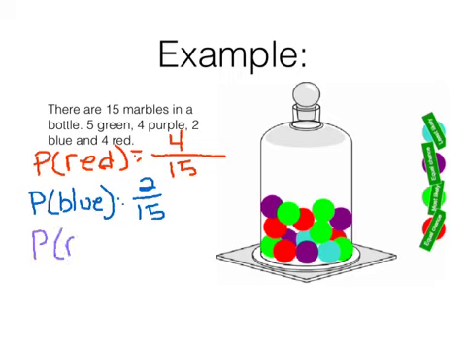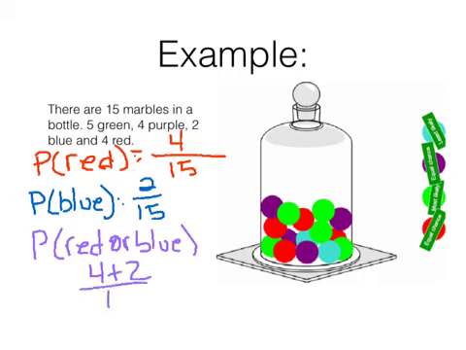The probability of red or blue, we take the number of reds, which is 4, and the number of blues, which is 2, and we put that over 15. So that is 6 out of 15. You can see we have 1, 2, 3, 4 reds, and 2 blues. So 6 out of the 15 will be red or blue.